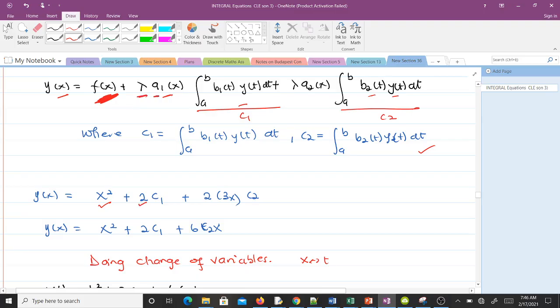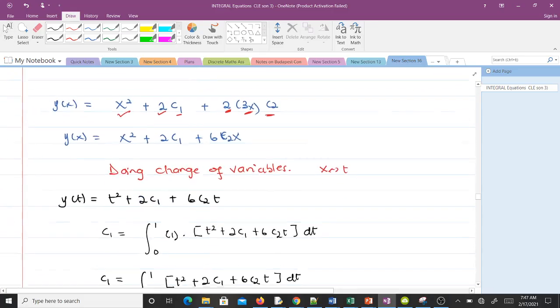Our a1(x) is 1, and any number times 1 is the same thing. The whole of this integral is c1. And here, our parameter is 2, and our a2(x) is 3x, and this integral is c2. That's what we can see there.